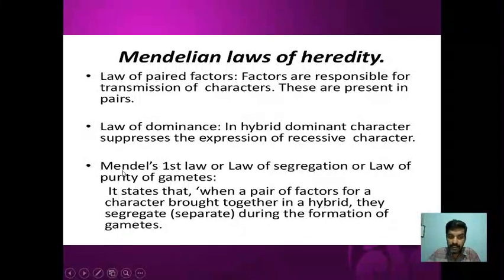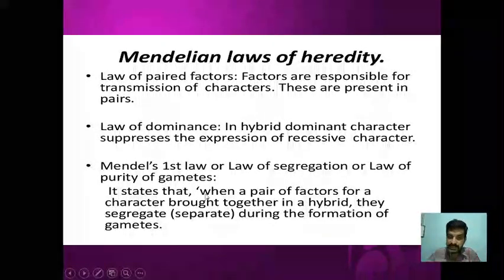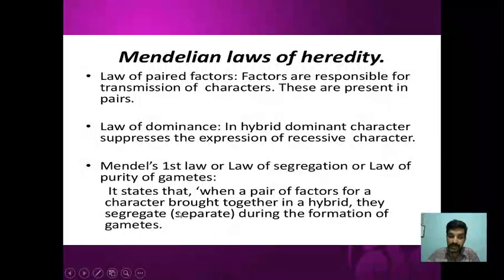Right. Then he also proposed the law of segregation or law of purity of gametes. It states that when a pair of factors for a character are brought together in a hybrid, they segregate during the formation of gametes. What does it mean? See, in a hybrid, that means after the pure breeding plants are crossed, in the F1 generation we got one plant having the heterozygous condition, or dissimilar alleles.